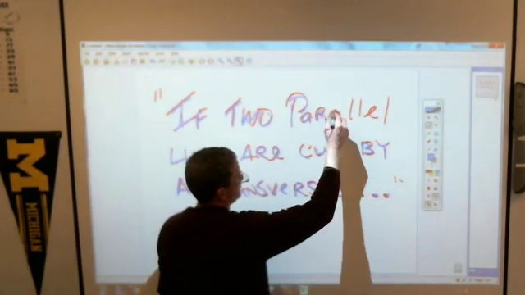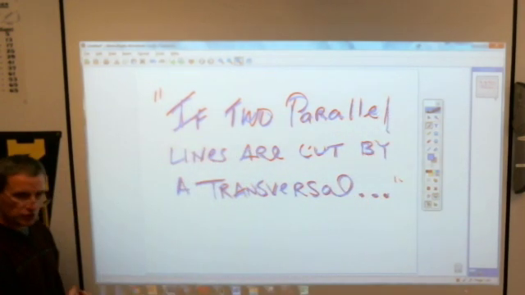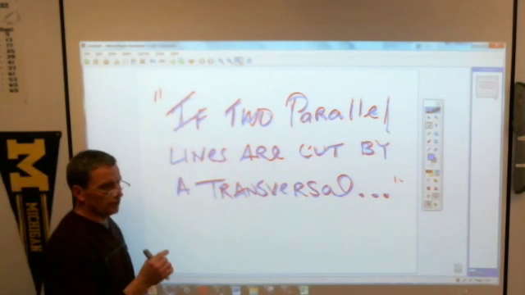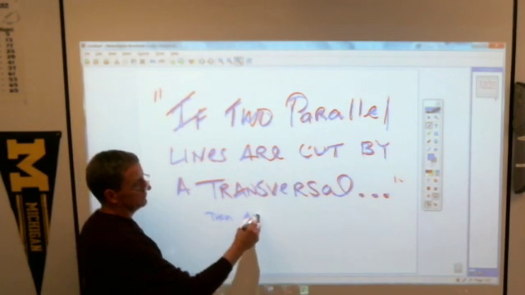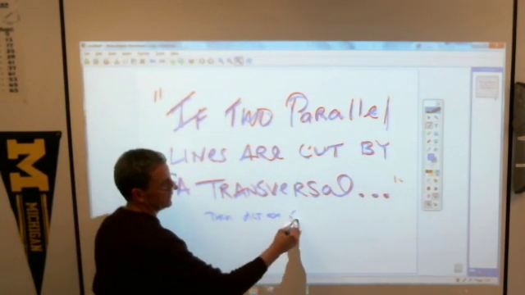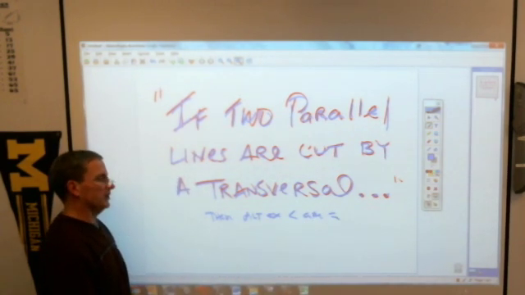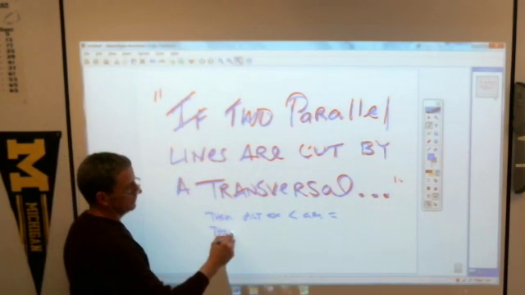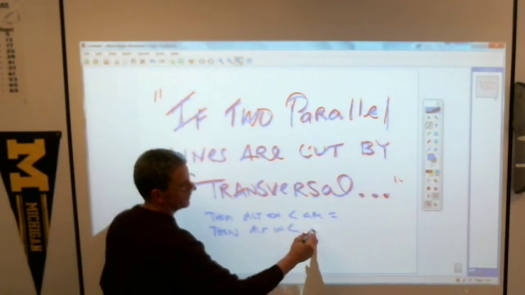But we didn't finish the phrase on that page. This is the preface that you have just before you say: if 2 parallel lines are cut by a transversal, then alternate exterior angles are equal. If 2 parallel lines are cut by a transversal, then alternate interior angles are equal.